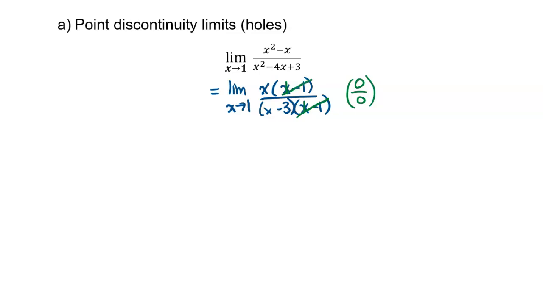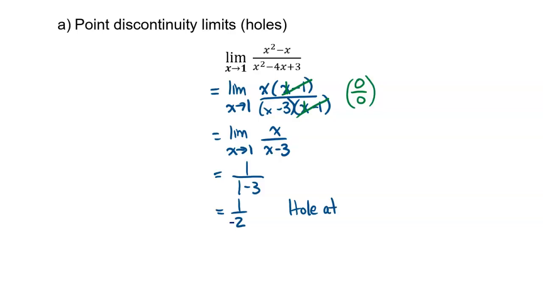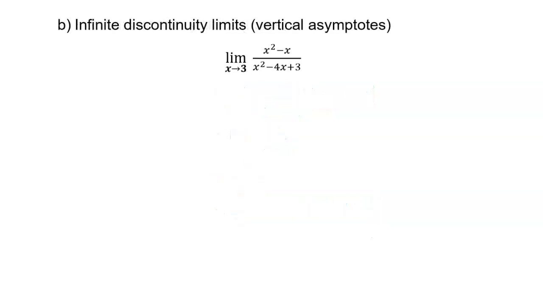So we can cancel those two out and look at the other part that is left, and we can sub that limit, x approaching 1, in. So I have x over x minus 3, and I can sub that in now because it's not going to give me 0 over 0 anymore, and I get 1 over -2. What that means is there's going to be a hole at 1 and -1/2. So that's all there is to it with point discontinuity limits: try to cancel it out, and then you can sub it in.